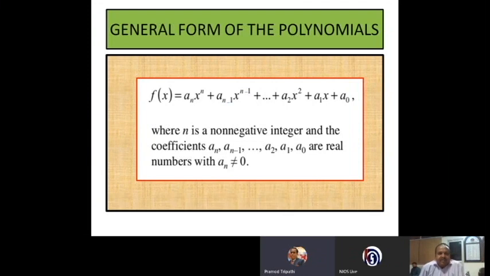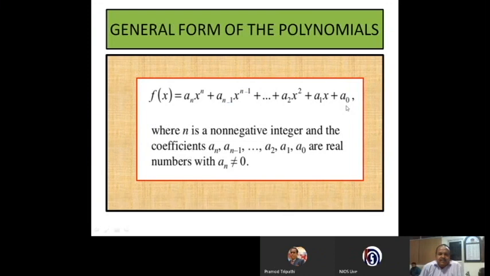Okay, fine. So the general form of the polynomial here we have written as a_n x raised to the power n plus a_(n-1) x raised to the power n minus 1, and so on up to a_0. The value of n here is in decreasing order. So n must be a non-negative integer.